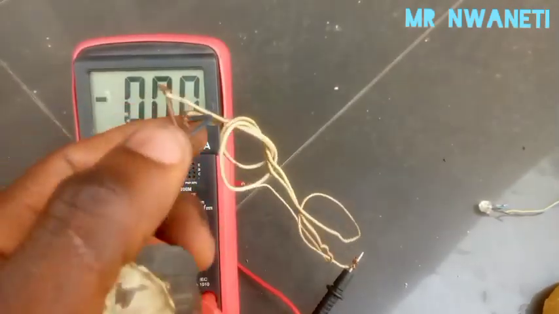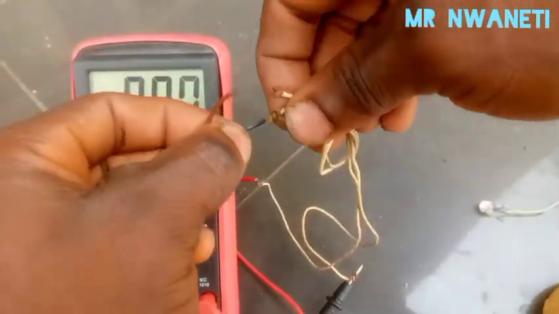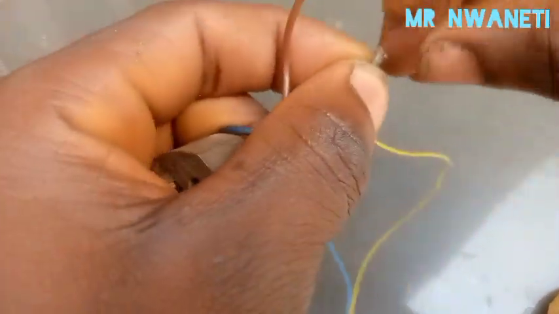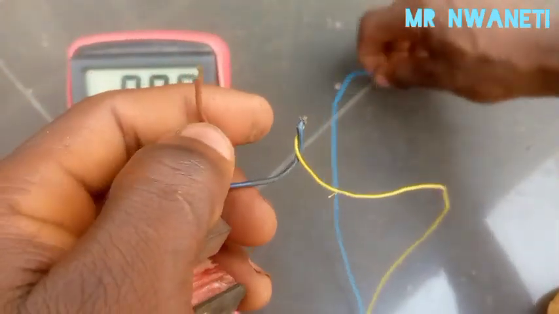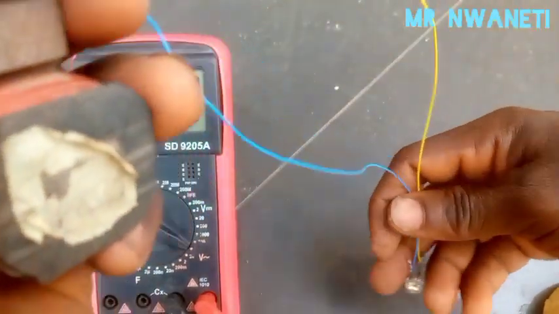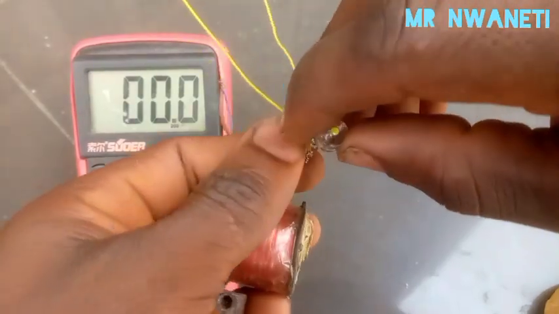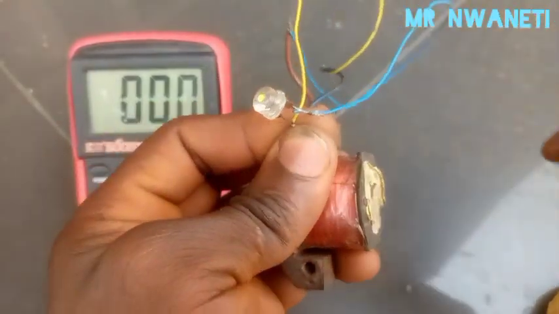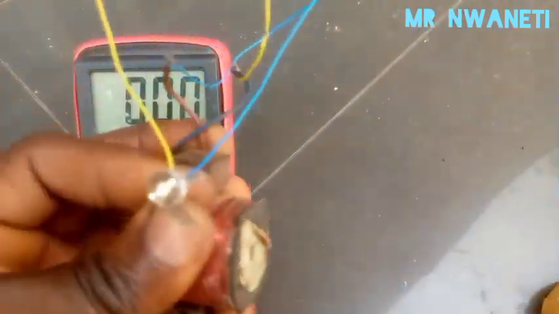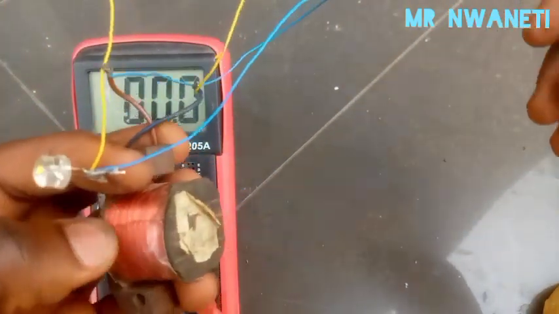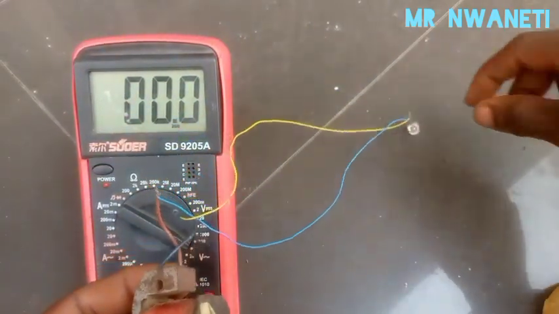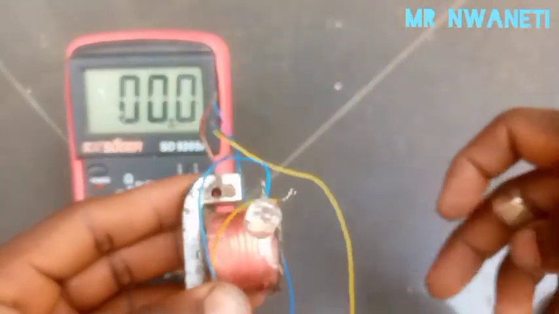So, let me connect this LED bulb. You can see there is a display of current here. There is a display of induced power.